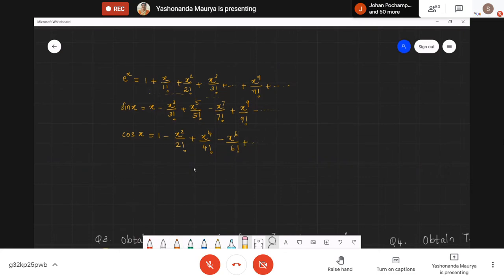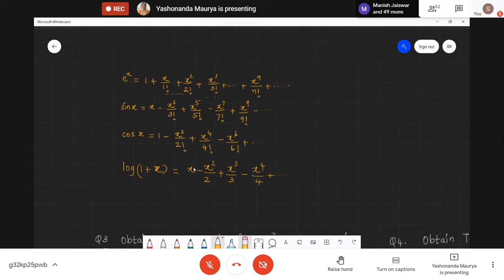Wait, yeah, here, log of 1 plus x. The expansion is x minus x square by 2 plus x cube by 3 minus x raised to 4 by 4 and so on. Okay.